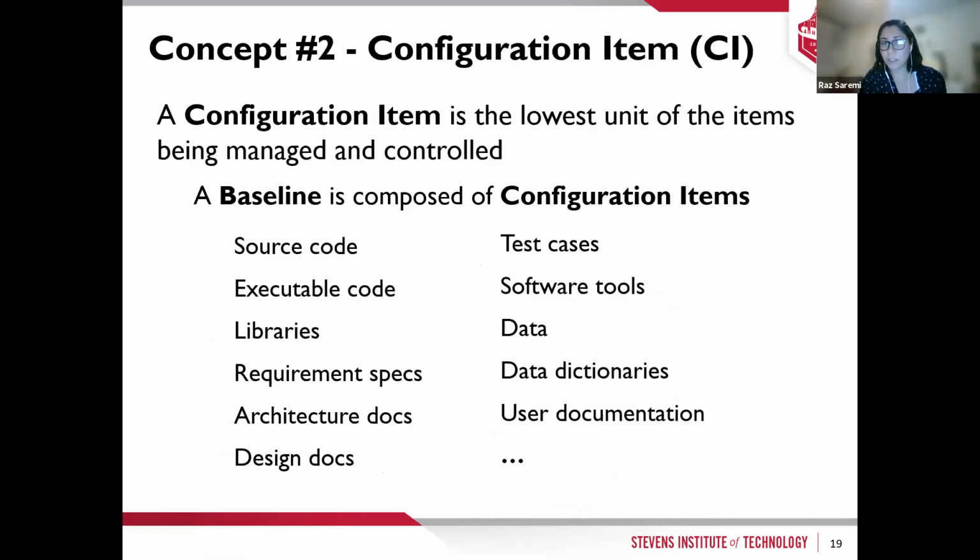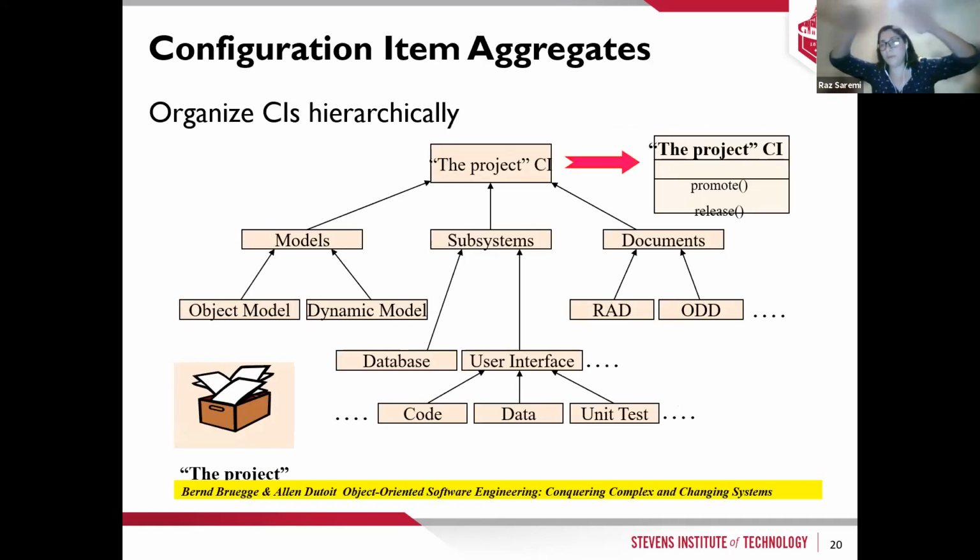For the configuration item, the smallest unit, the lowest unit that I have is a configuration item. So a baseline is a configuration item, but just having a configuration item doesn't mean that I have a baseline. From top level to bottom level, the size of configuration items are different, right? So if I'm starting from the lowest part, a code is a configuration item, data is a configuration item.